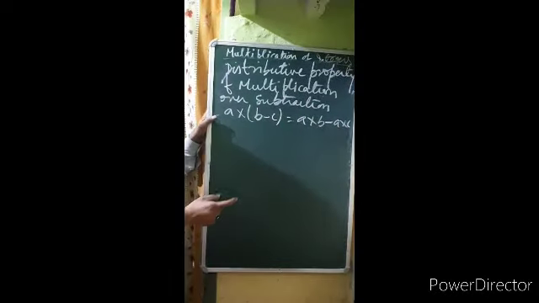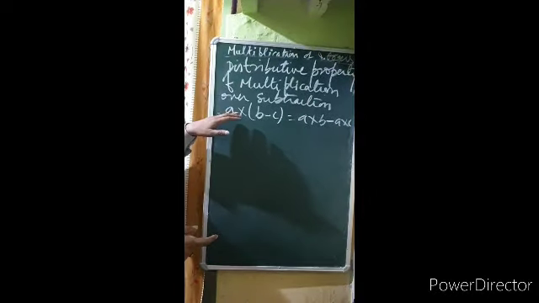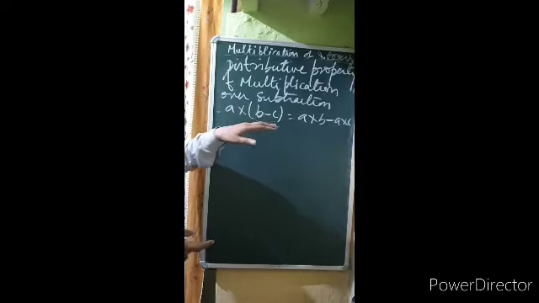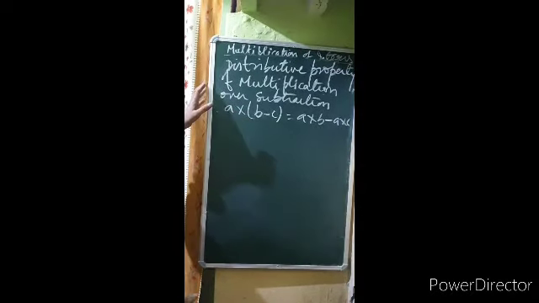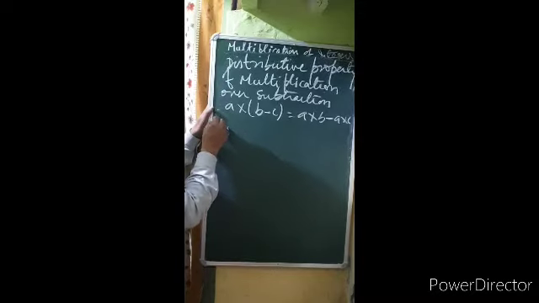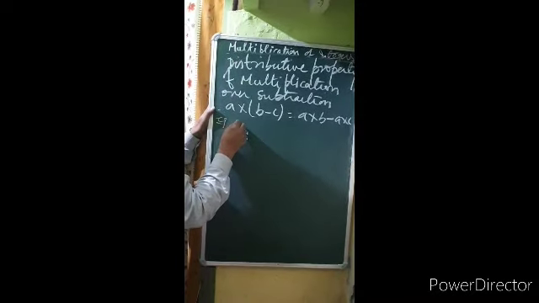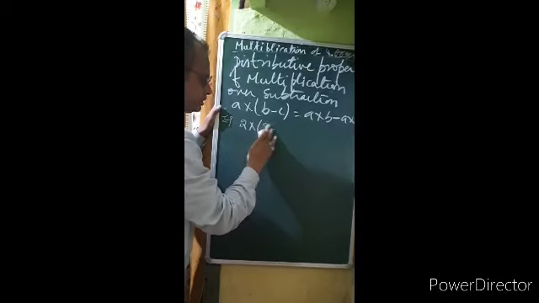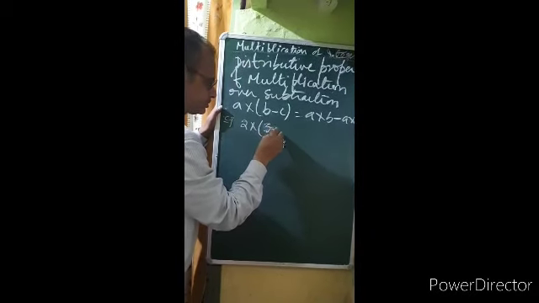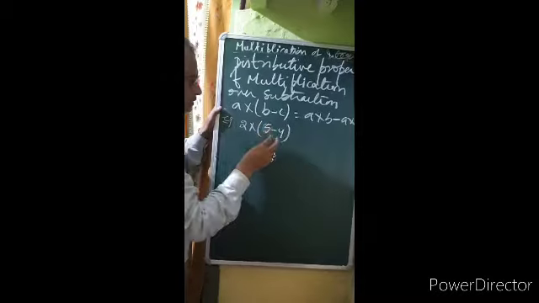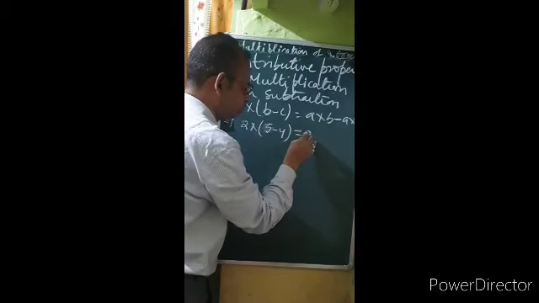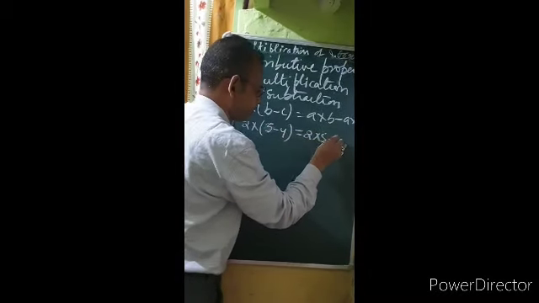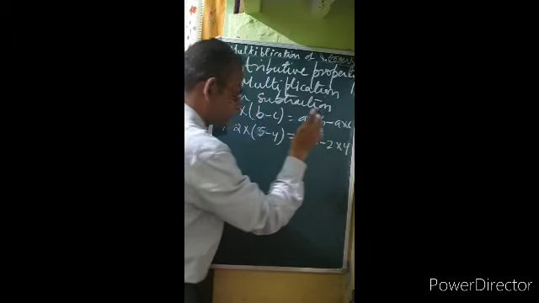Here we see that multiplication is distributed over subtraction. Now let us take an example: 2 into (5 minus 4) is equal to 2 into 5 minus 2 into 4.